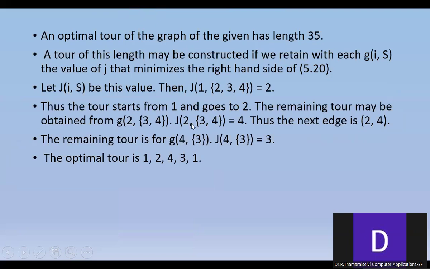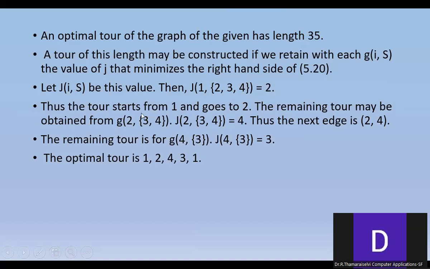Wherever you have different paths, you should choose the path with minimal cost. So let J of I, S be this value. Then J of 1, starting from 1: whether 1, 2 or 1, 3 or 1, 4, which one is minimum, that you have to choose.